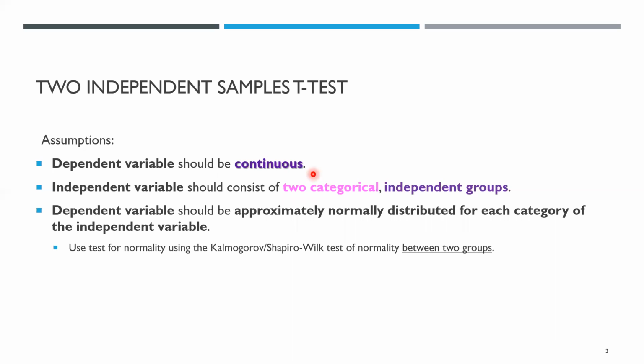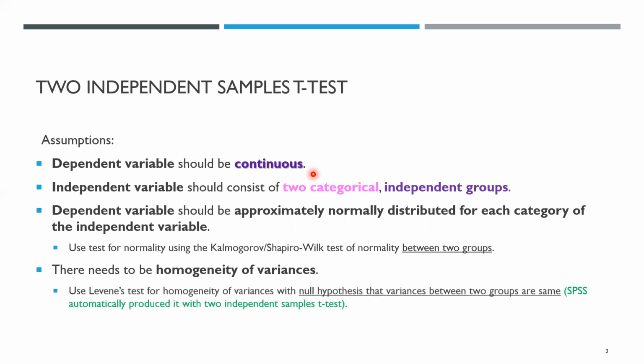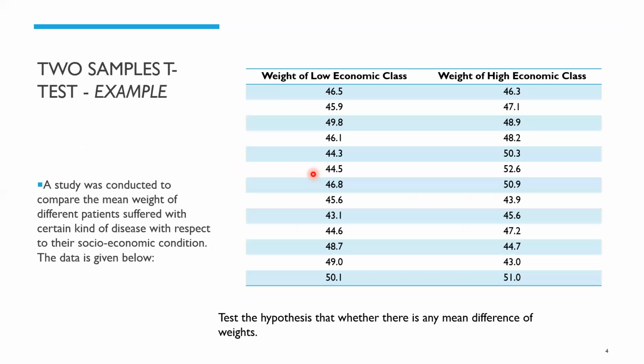We are going to check normality using either the Kolmogorov-Smirnov test or the Shapiro-Wilk test in SPSS. One more assumption is that the variance in each group should be equal, and the Levene test will help us find out whether the variances are equal or not. SPSS produces this outcome when we apply the independent sample t-test.